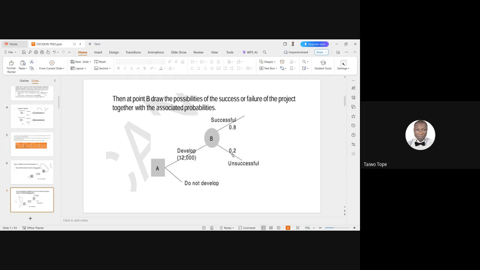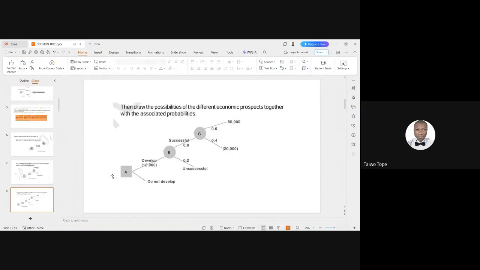It can either be successful or unsuccessful, with the associated probabilities. When it is successful, you are faced with two conditions again. What are those two conditions?